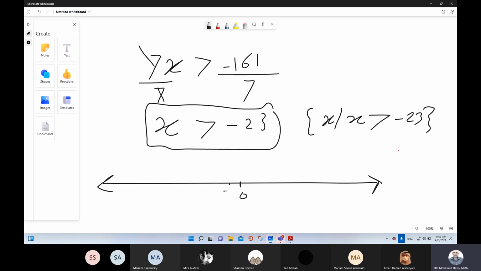Here the negative side, and here is the positive side. Now, negative 23, for example, here. And as you see, we don't have equal in the sign, so we use an open circle. Then the value of x greater than means the direction to the right.